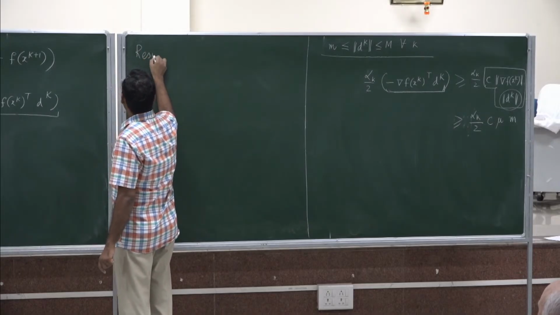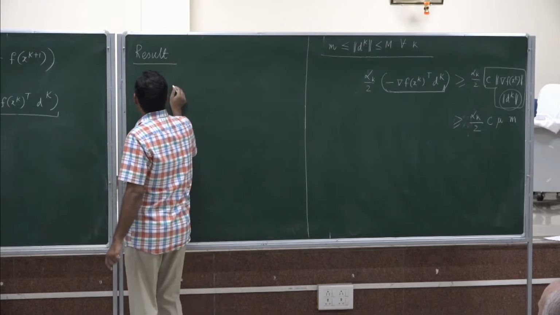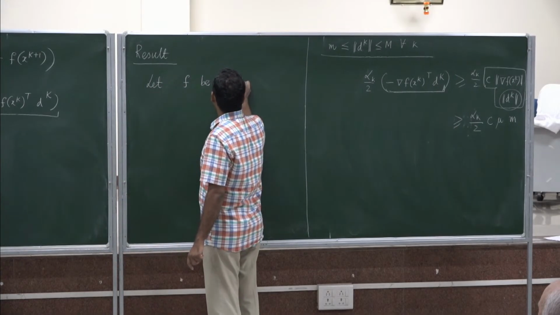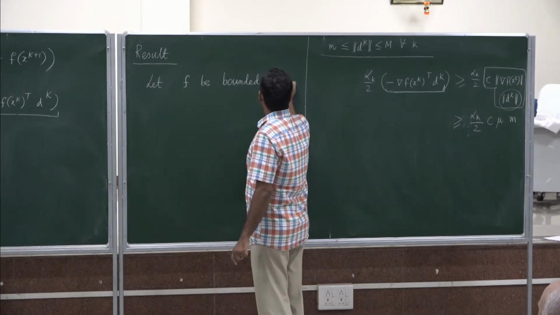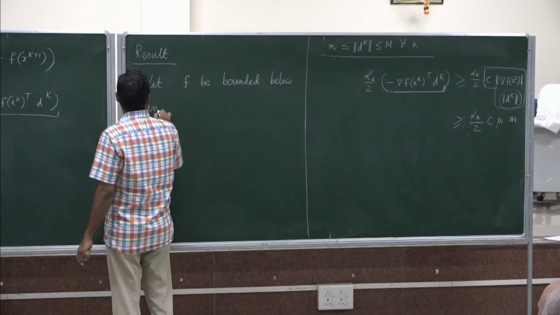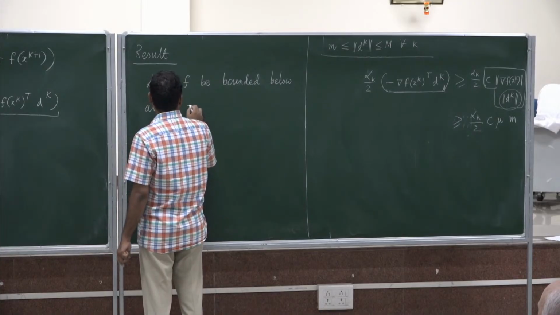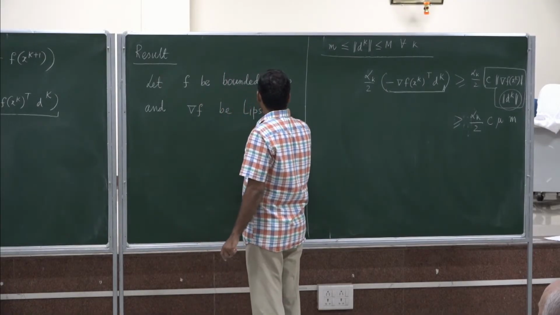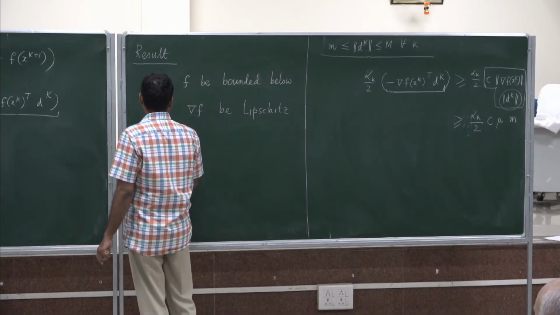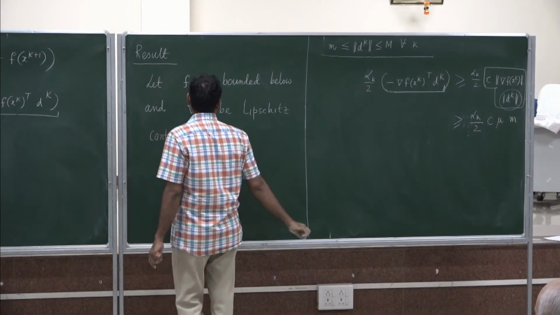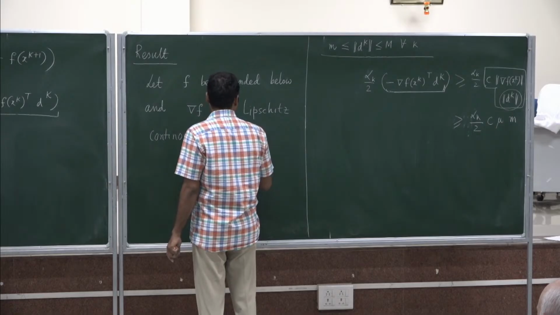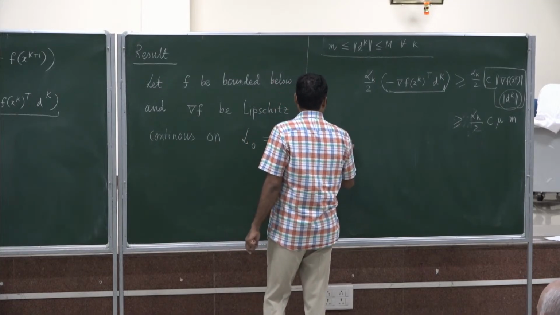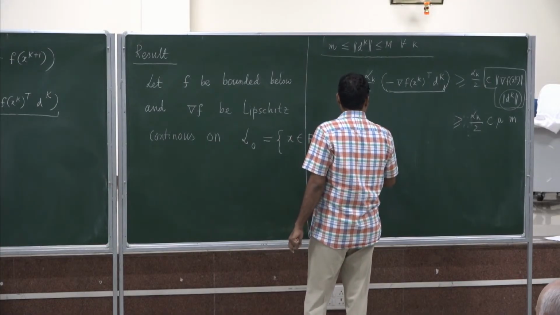The result says the following: let f be bounded below and gradient f Lipschitz continuous on the initial level set L naught given by x belonging to R^n, f(x) less than or equal to f(x naught). Fine.